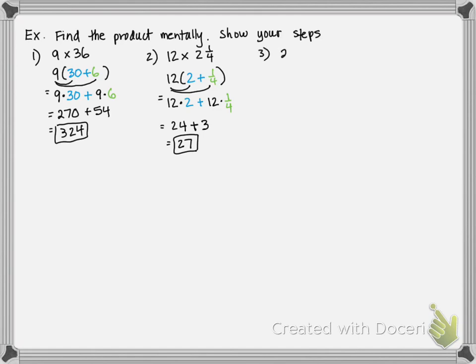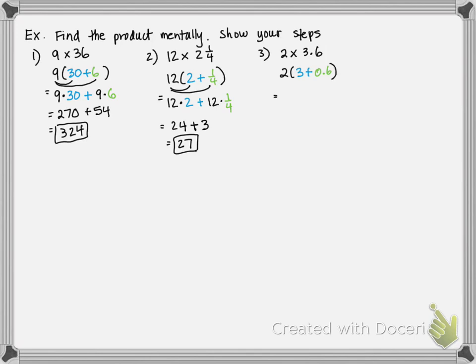All right, how about 2 times 3.6? Well, just like with the fraction one, we're going to split our decimal into the whole number plus the decimal. Okay, and then we're going to do our math.